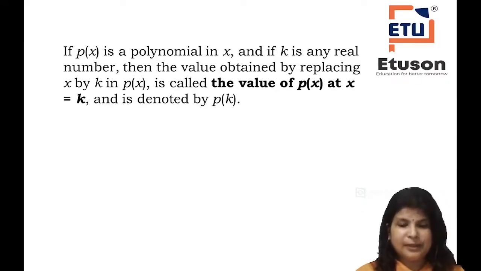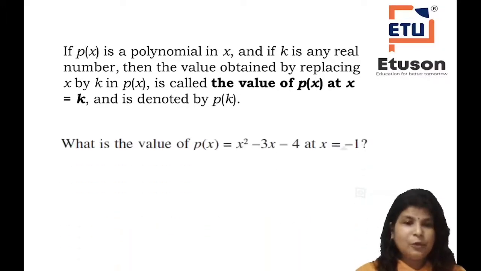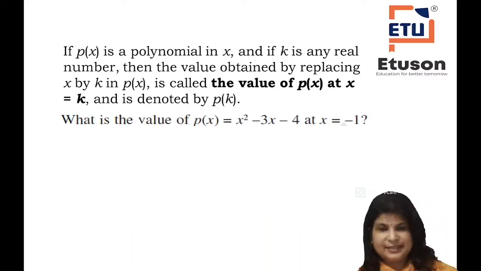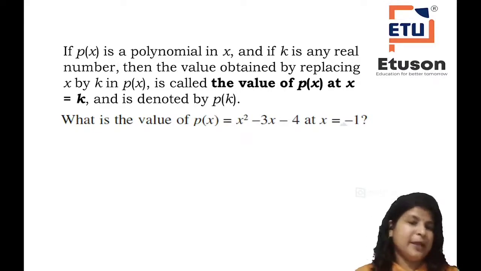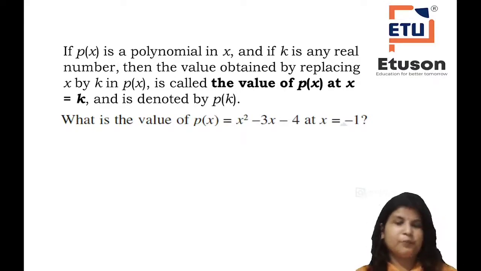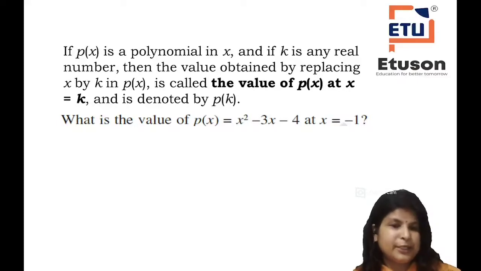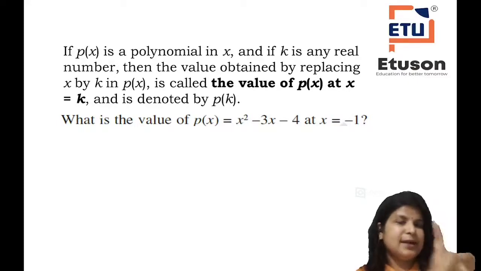What do you mean by that? That means suppose your p(x) is equal to x² − 3x − 4, and you have to check x = −1. Before going to this particular example, let us understand the statement.